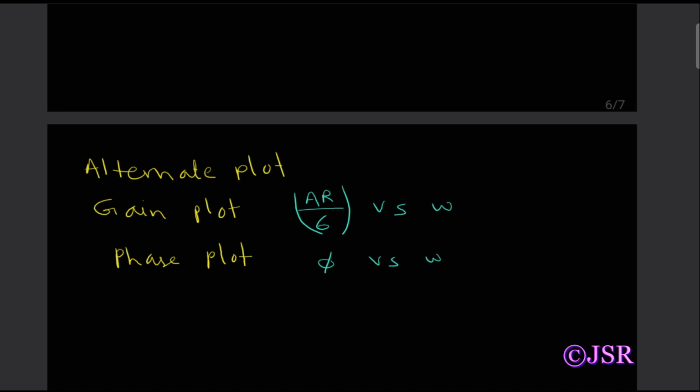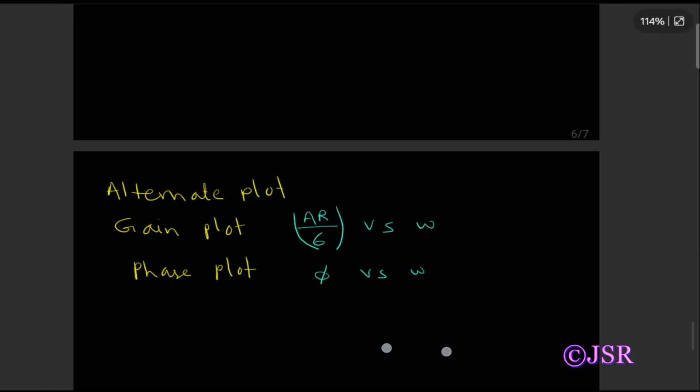So the only difference is the x-axis. In the previous plot, the x-axis was omega tau or 2 omega, but in this second case the x-axis is omega.